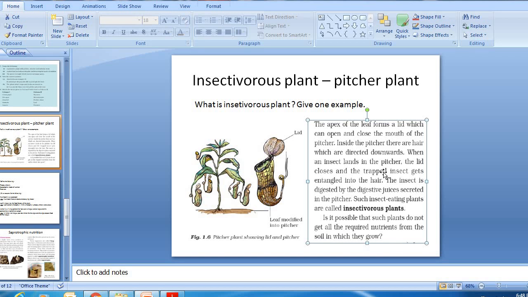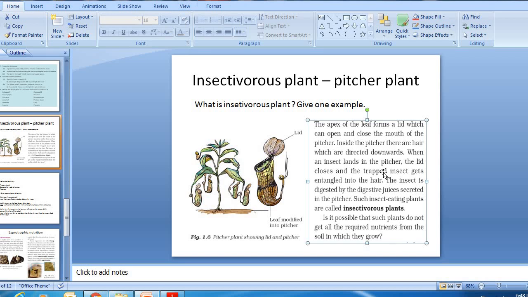P-I-T-C-H-E-R, pitcher plant. Is it possible that such plants do not get all the required nutrients from the soil in which they grow? Yes, this is why they trap insects. They do not get sufficient nutrients from the soil where they grow.